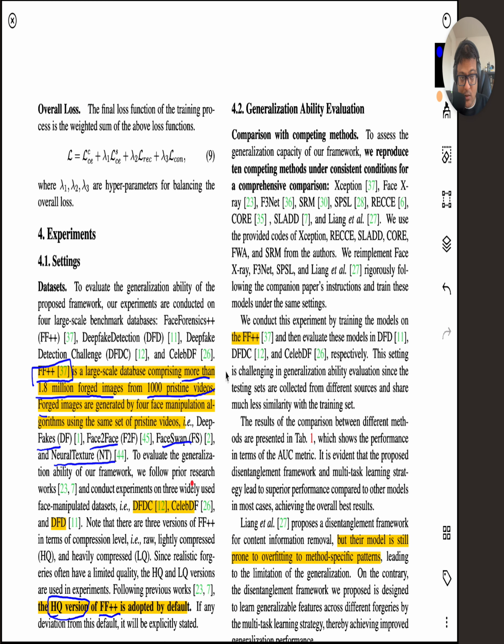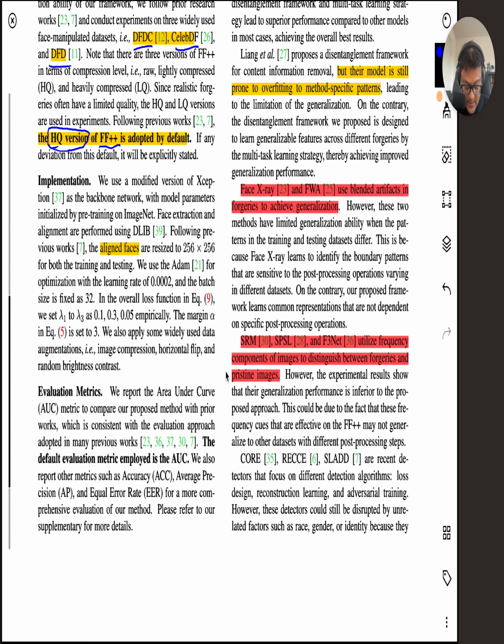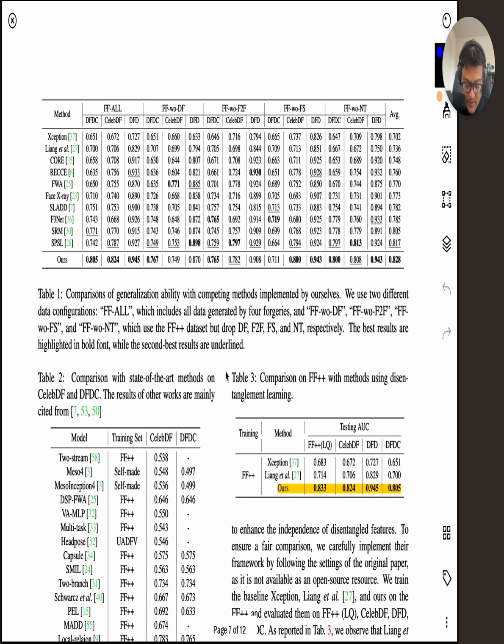Once they have trained their model, they test it on three datasets: DFDC, Celeb-DF, and DFT. Let's look at what their results are. When they're training, they use all the images in the FF dataset, and then they remove the images generated by DF, F2F, FS, and NT.